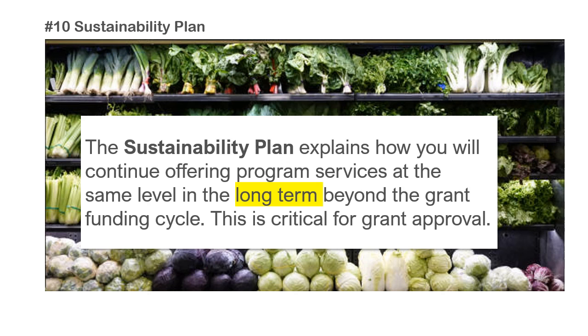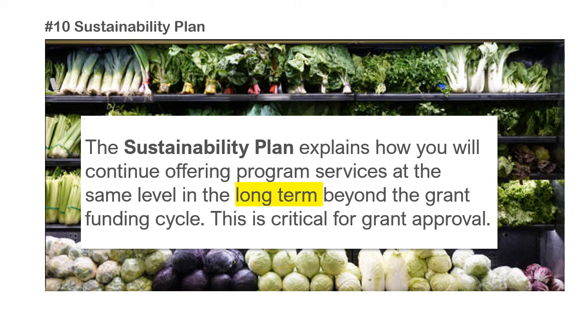What can you say if they ask you the question, what's going to happen if we don't give you our $50,000 in grants next year? Are you going to just fold up the community garden and give up? Your answer must be no, of course not. We have other ways of making sure we keep this going beyond your grant.